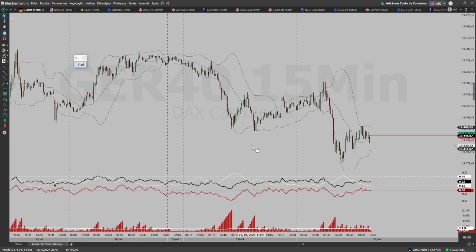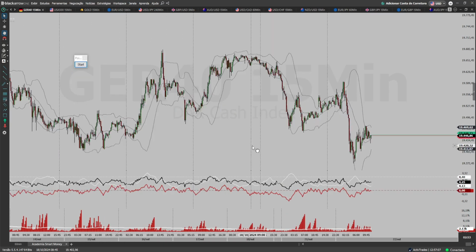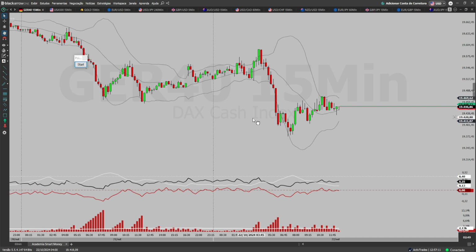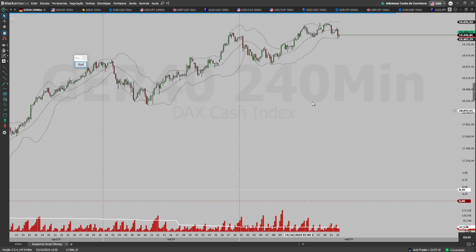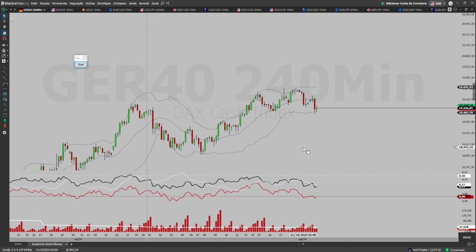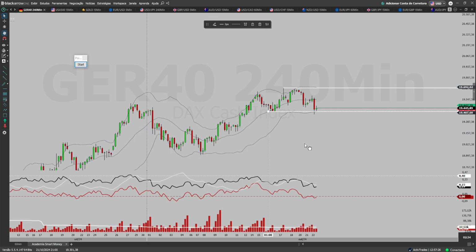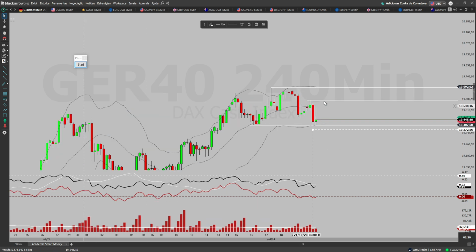Let's first understand the price structure, doing this price analysis of the price structure on a larger chart. On the 4-hour chart, we open a 4-hour chart and make some top markings and bottom markings to reference us and know where it's cheap and where it's expensive, marking all the 4-hour regions.